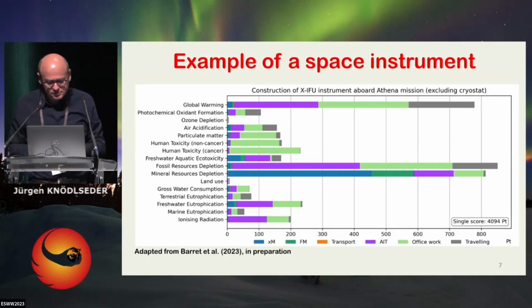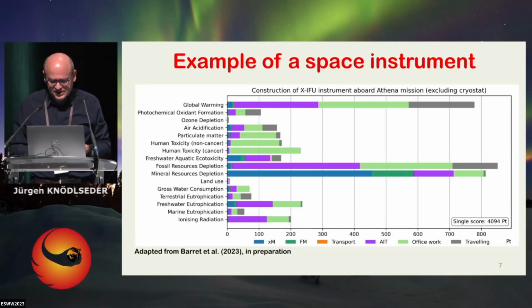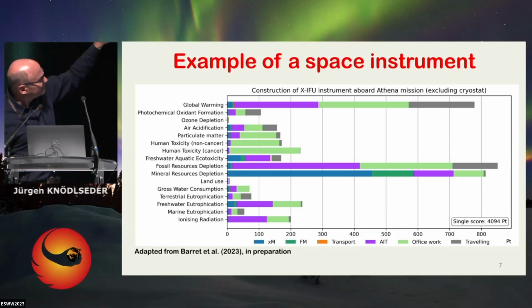These are all pre-flight models. Then FM is the flight model that is produced. Orange transport, purple again assembly integration test, and light green office work, and gray traveling. So you see here the structure is quite different, yet the outcome at the end is the same.